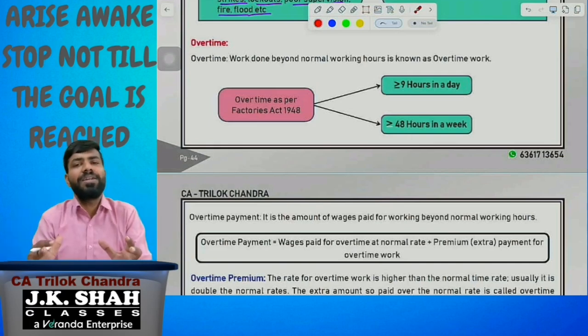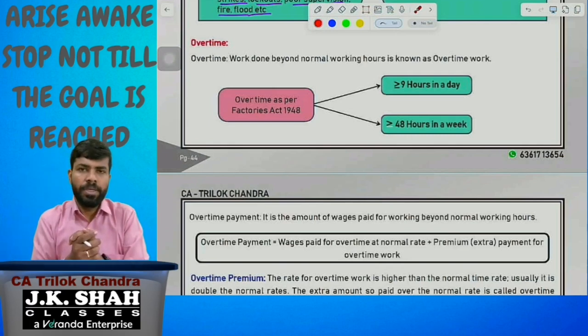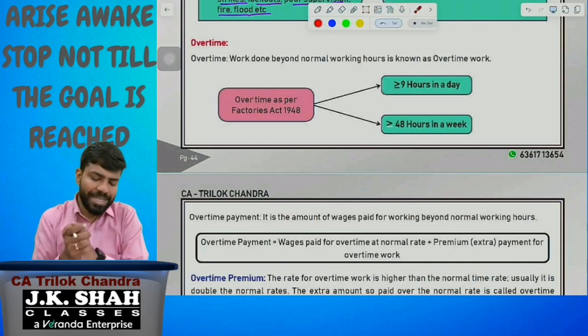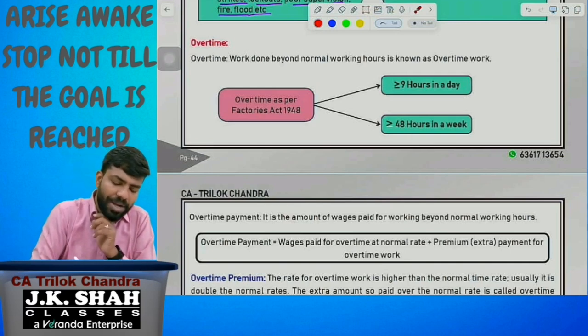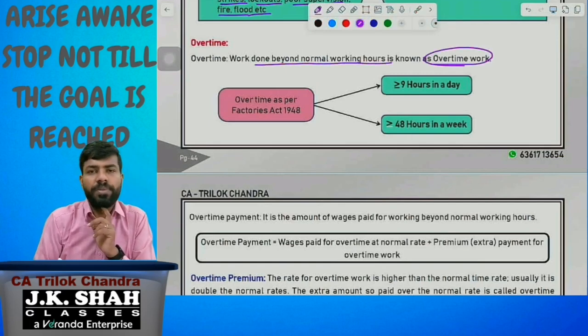If any workers work beyond normal working time, we take it as overtime. Are you understanding? Work done beyond normal working hours is known as overtime work.